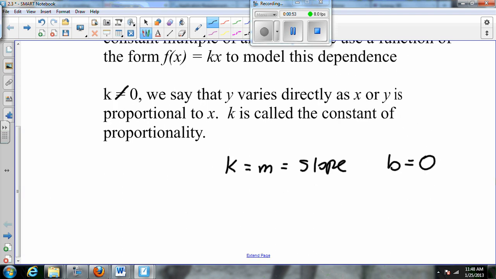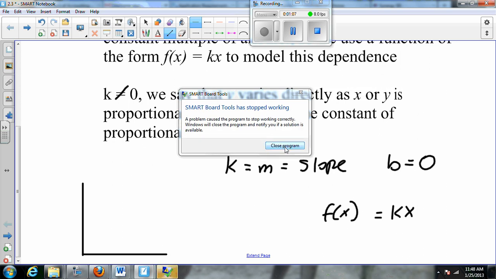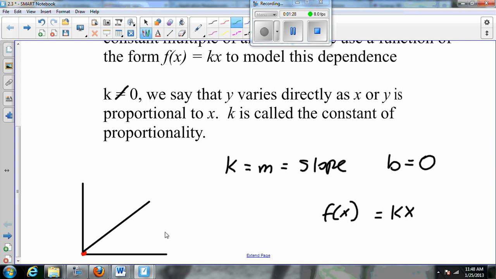So if you were to graph f of x equals kx, it would start at the origin, and depending if k is positive, it would go in an upward direction. And it would pass through 1 comma k.